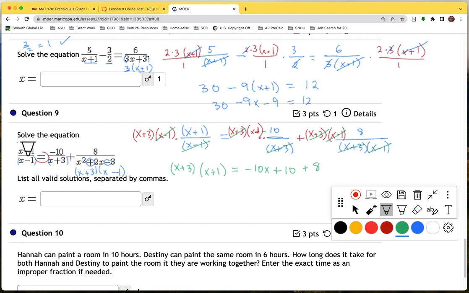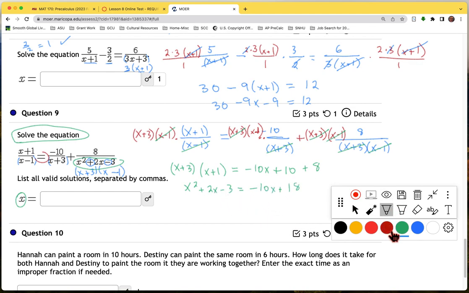And they want us to solve the equation, which means x equals, right? So let's FOIL this side out. It's sort of what we had here, right? x squared plus 2x minus 3 equals negative 10x plus, let's go ahead and combine this to 18. Now, if we have a quadratic, generally what we do is we get everything to one side and 0 on the other.